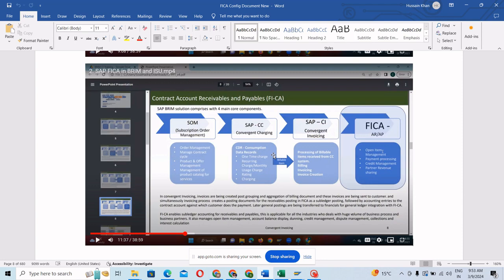You tell me what we are supposed to do. Okay, so first of all, we will be starting from the basics of FICA. So we'll do a few configurations of FI, then we will be moving on to the contract account creation. We'll discuss the contract account and the BP creation and a few basics of FI configuration.